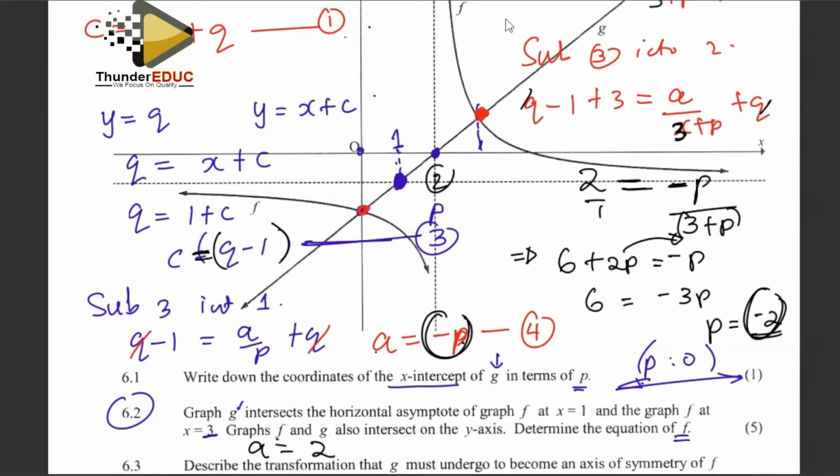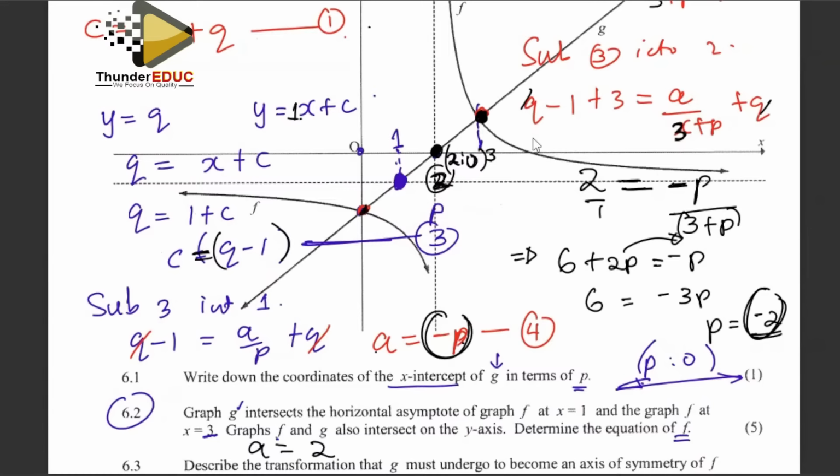What we found is this 2, and we know that at this point it's 2 and 0. And then what else did we find? This is a 3, but we don't know what the y value is at that point. One thing we know is that the gradient is 1, so we can find one value there.